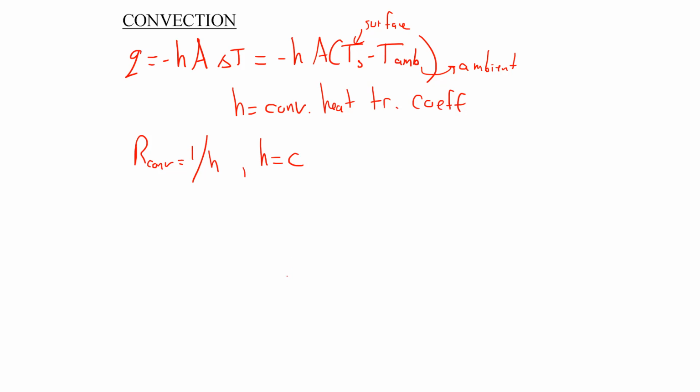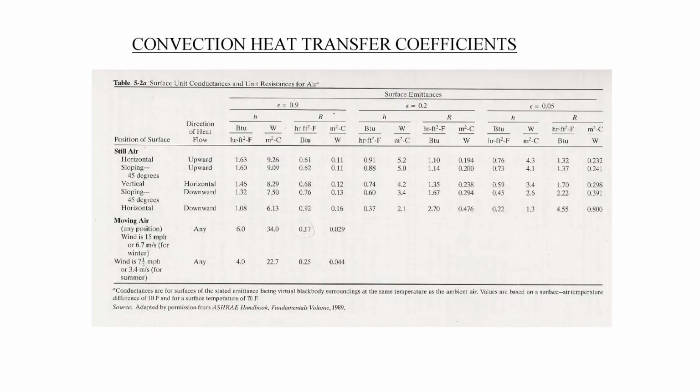And those values are found in table 5.2a. So let's take a second and look at table 5.2a. Here you have a table that gives you a rough estimate of different convective heat transfer coefficients.